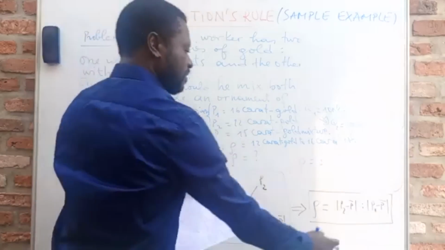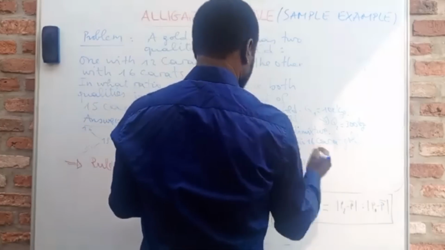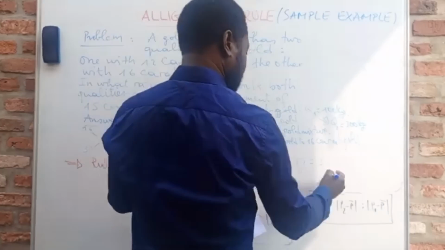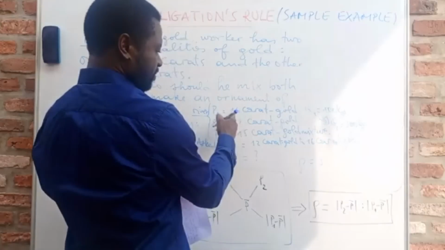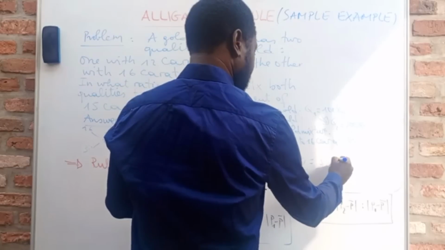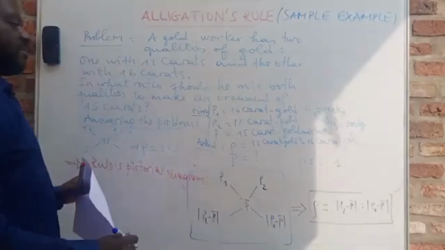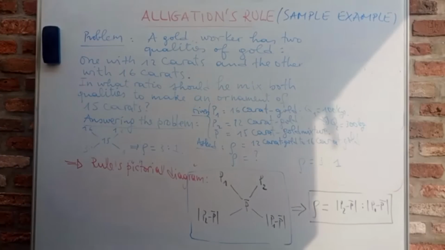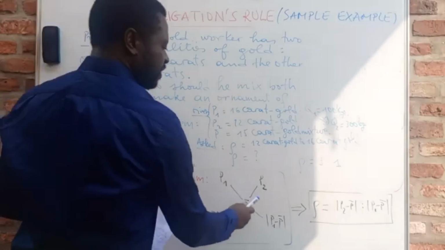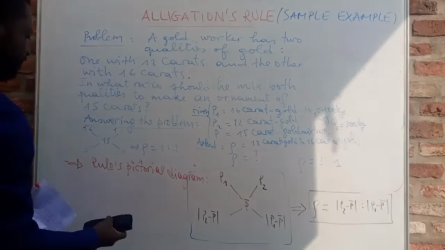Now P1 is 16, 16 minus 15 is 1. I take the absolute value and get 1. In this case, I should obtain the same answer. So this picture and this picture are the same.